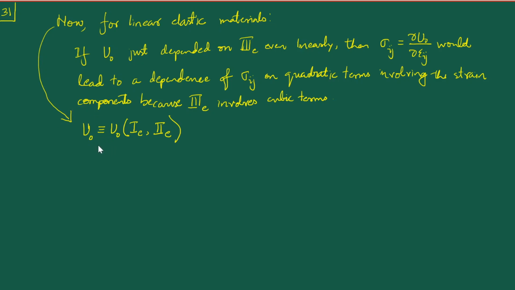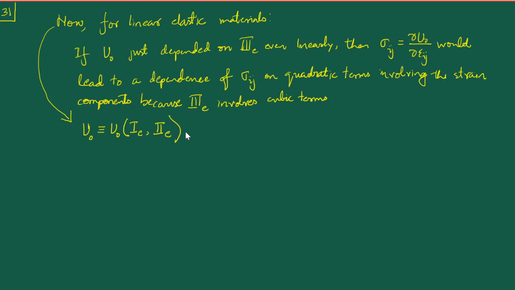Our conclusion is based on the simplest possible linear dependence of u naught on I3E. Even for a linear dependence on I3, for higher order dependencies the scenario would be even worse. So certainly we must not depend on I3E for this u naught.